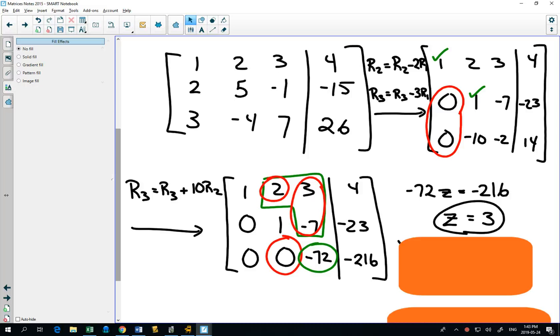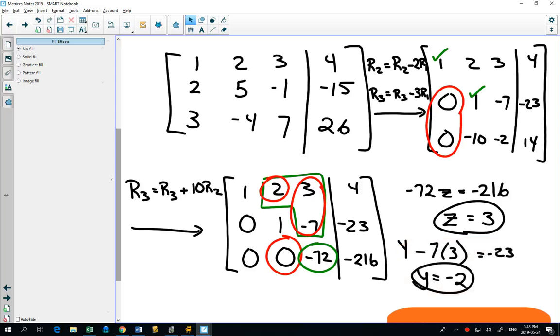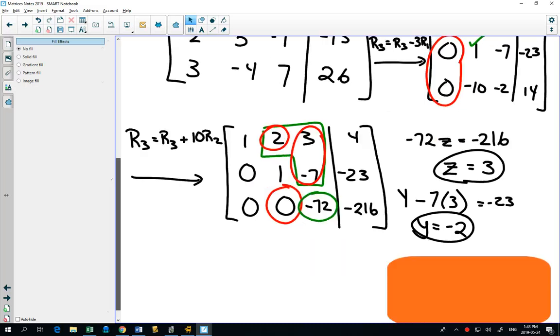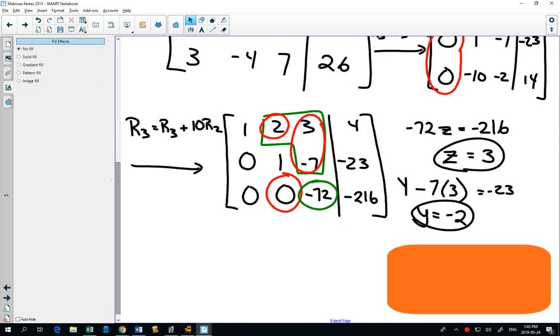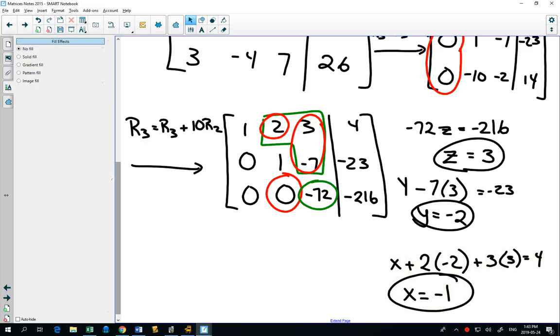So z would equal 3. Plug z equals 3 into the second line. 1y minus 7z is minus 23. You get y is equal to negative 2. Plug the z and the y into the first equation, and you get x is equal to 1. So that's going to be the end of our Gaussian elimination for today.